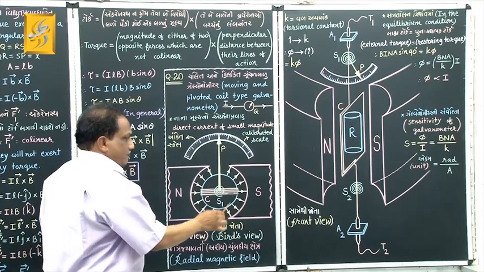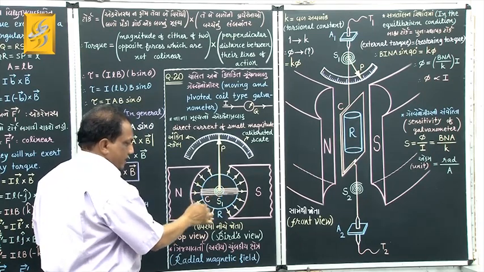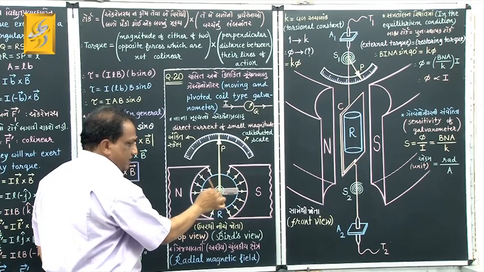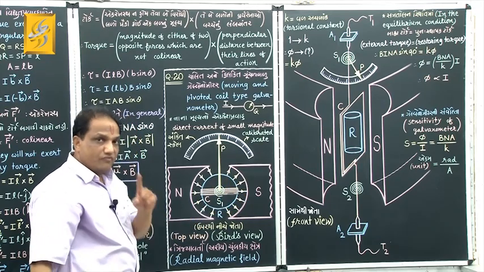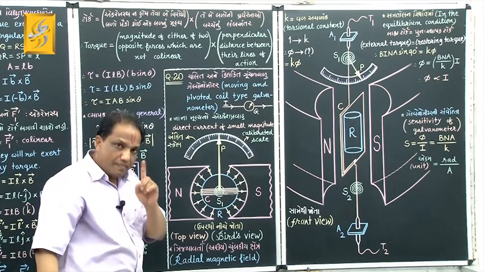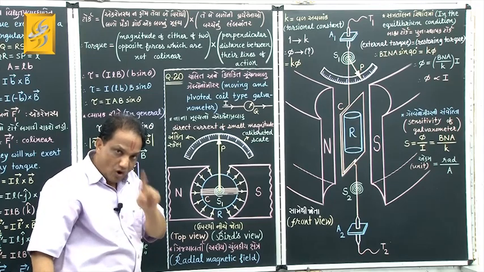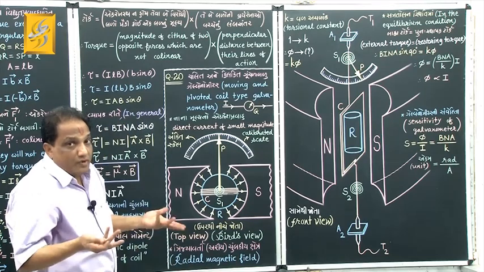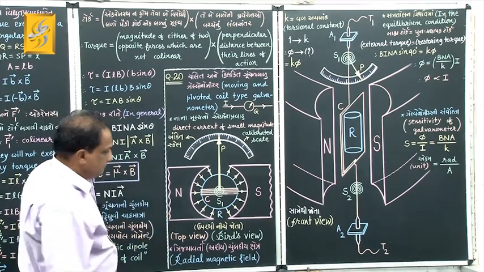Here we have kept these two magnetic poles concave, and we have introduced a soft iron cylinder at the center for one specific purpose, and that specific purpose is to obtain radial magnetic field. Now what do you mean by radial magnetic field? I am showing you.